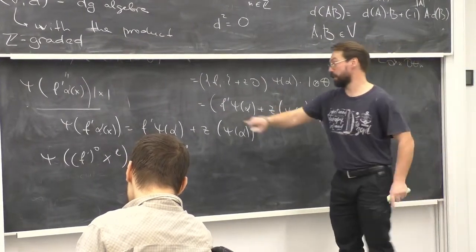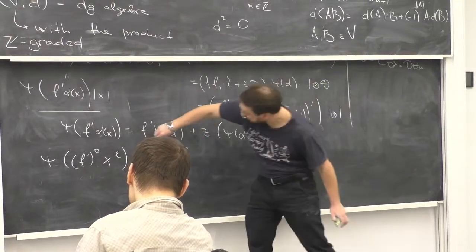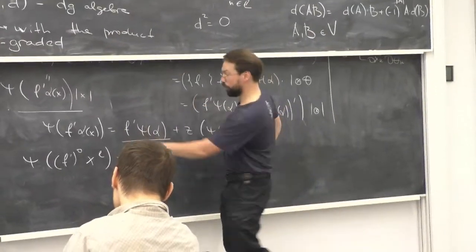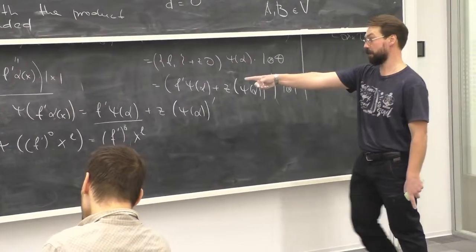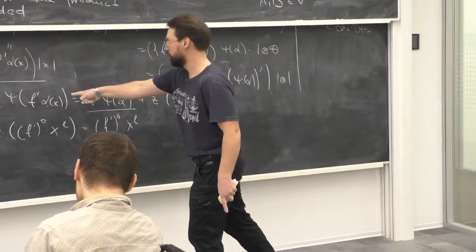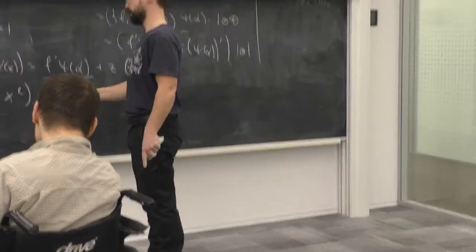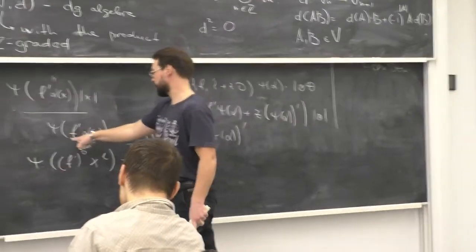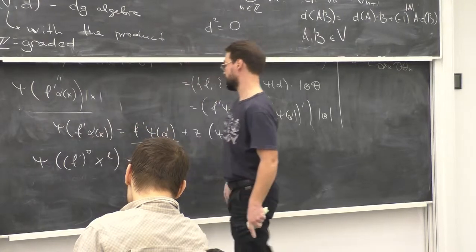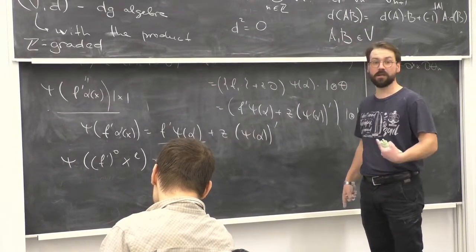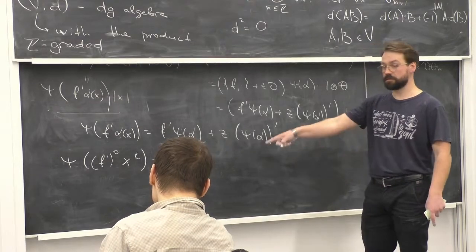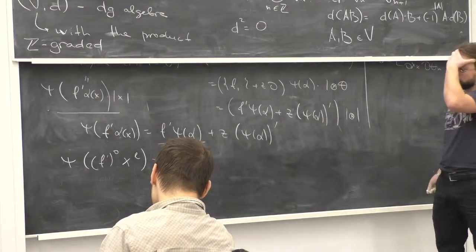And this formula allows one to build up all the higher psi of phi alpha, phi prime, psi of f prime alpha k out of the action of psi on the generators of the Jacobi ring.